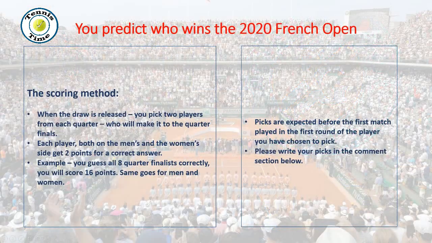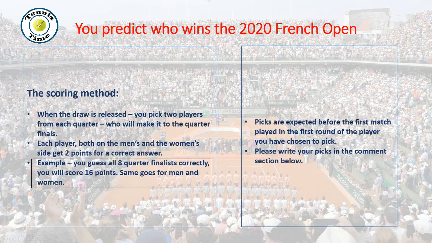So the scoring method, basically: when the draw is released, which already has happened, you pick 2 players from each quarter who will make it to the quarterfinals. We will do the exercise on both sides, for the men's draw and the women's draw as well. For each player you correctly guess at the beginning of the tournament to get to the quarterfinals, you're going to get 2 points.